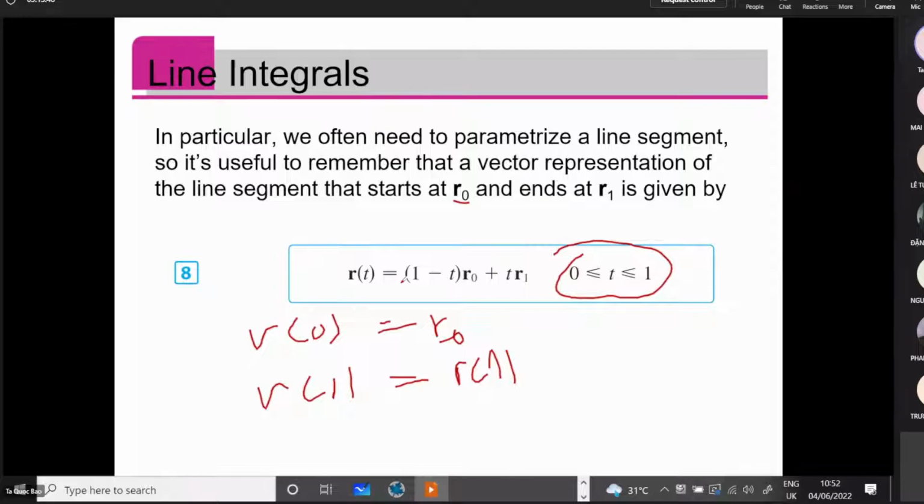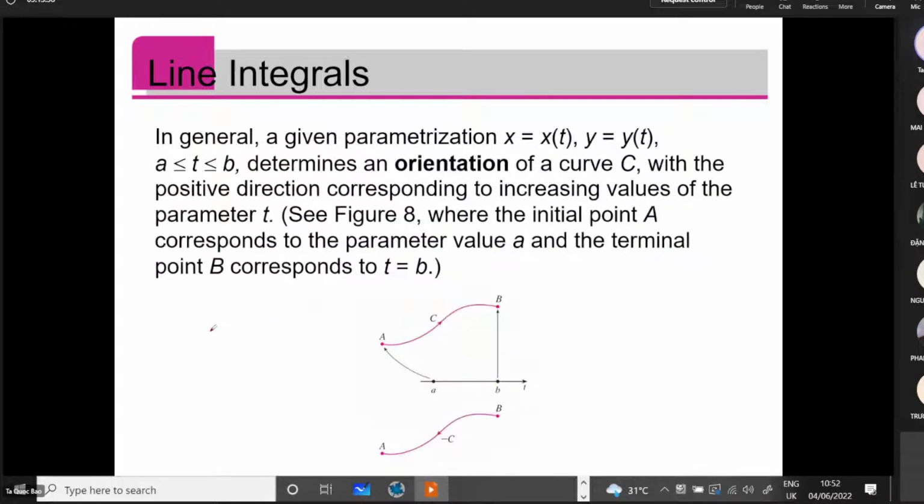This is the parametric equation in general. So the curve C goes from the point r0 to r1.